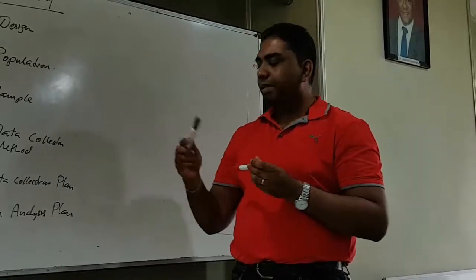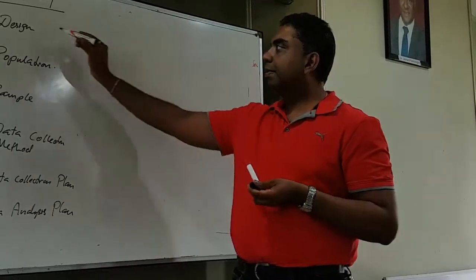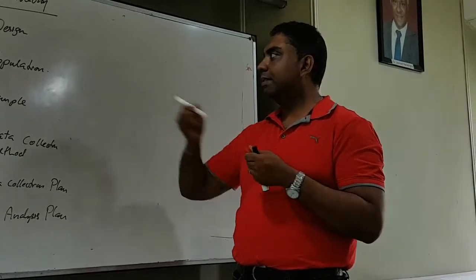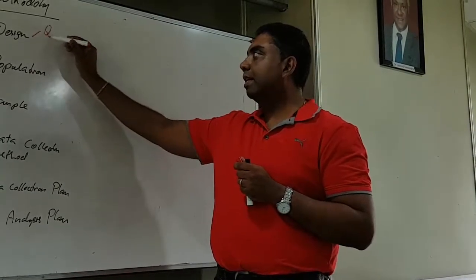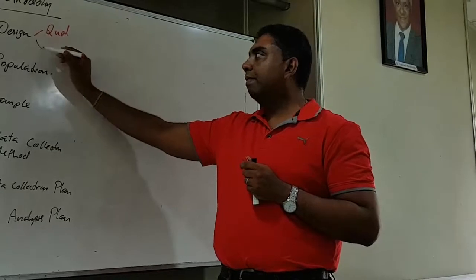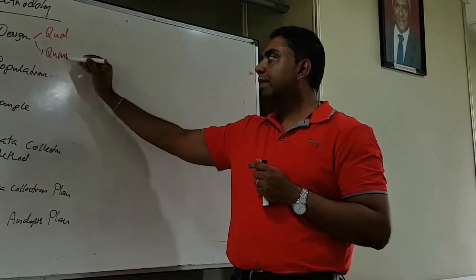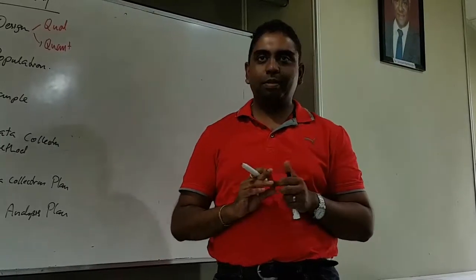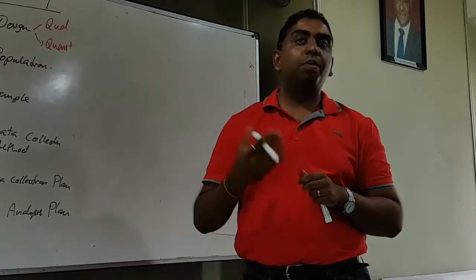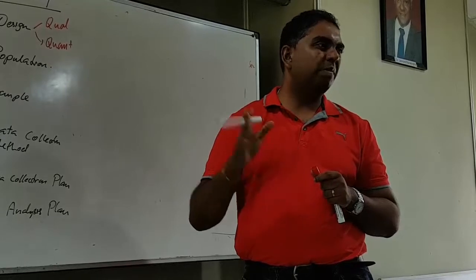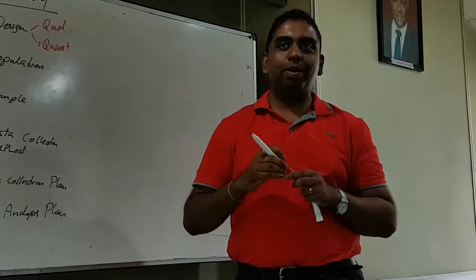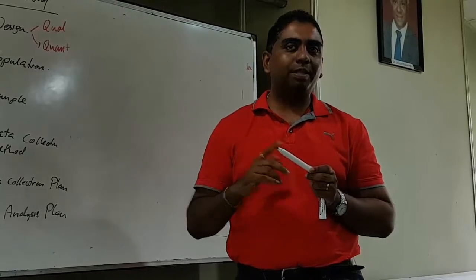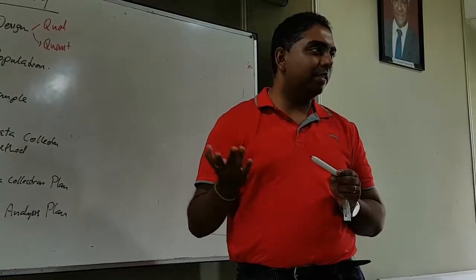Right? Design. First you write what your design is. Design can be qualitative or quantitative. Based on this, everything below changes. Right? What are quantitative designs? No, I will not do that lesson now. Okay? We have descriptive designs and analytical designs.